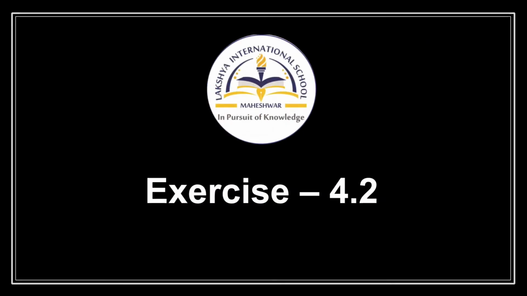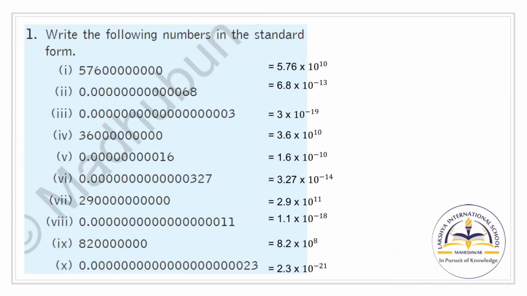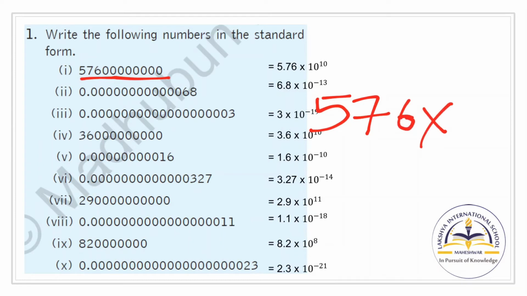Now we will solve the exercise. Question number 1, write the following numbers in the standard form. We just write 576, this is the actual number. Now see how many zeros there are: 1, 2, 3, 4, 5, 6, 7, 8, so 10 raised to the power 8.